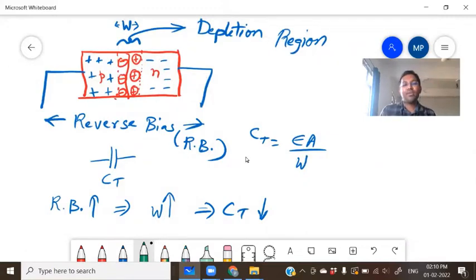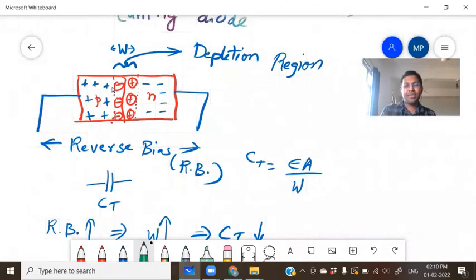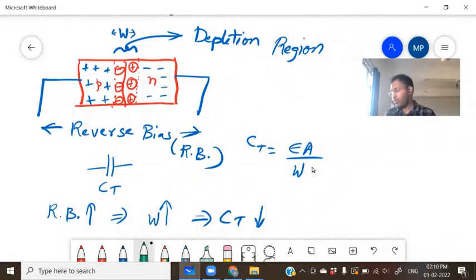We know the formula for this particular capacitance. What capacitance is it? Transition capacitance. Okay. The capacitance under reverse bias PN junction, right? It is transition capacitance. The formula we have already derived in first unit. CT is epsilon A by W. So when the reverse bias increases, what happens?